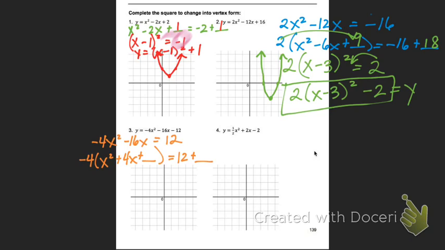Then what goes in the first blank? 4, and then what goes in the second blank? Good. So I have negative 4(x plus 2) squared equals negative 4. Then when I move it back over to the other side, negative 4(x plus 2) squared plus 4.